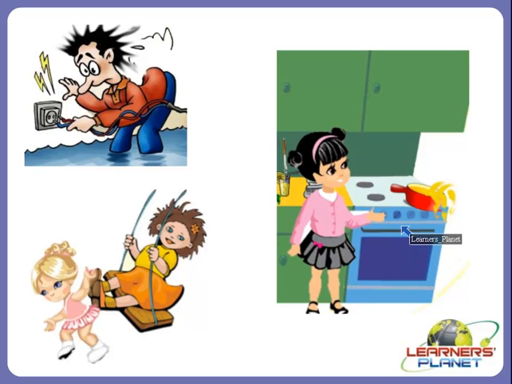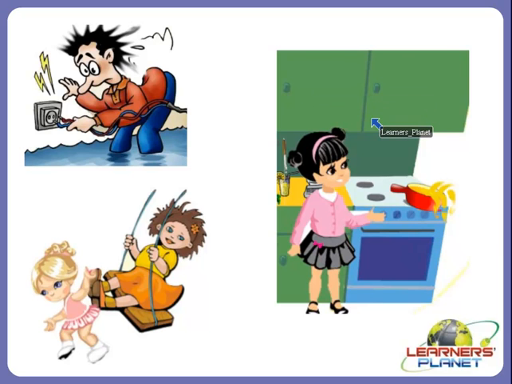This shows that some injuries happen in our daily life, and that is why we should always take care. According to this picture, we should always keep all the utensils away from the edge of the slab.